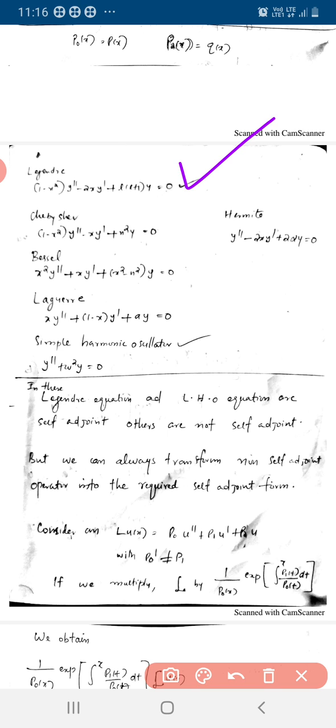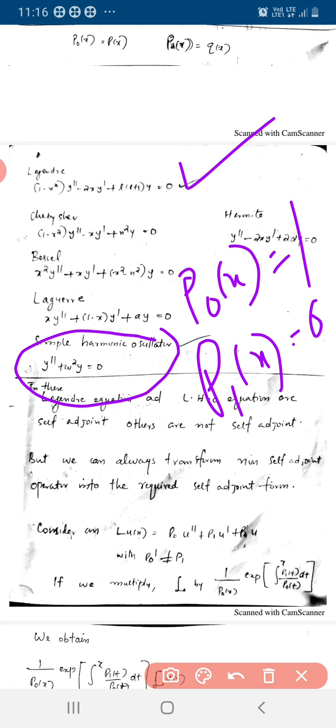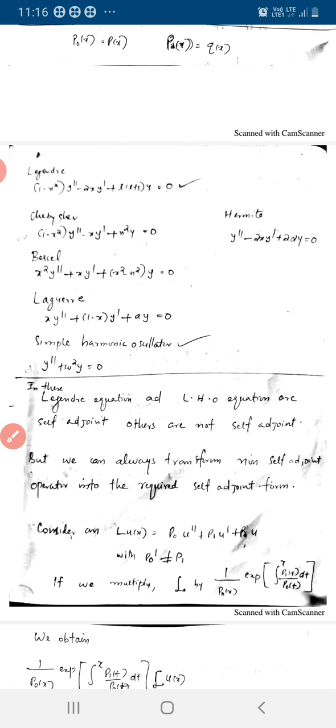So clearly this is a self-adjoint differential operator, and if I take the linear harmonic oscillator, here also we can see P0 of x is 1, and P1 of x is 0. So clearly P1 of x is P0 prime of x.